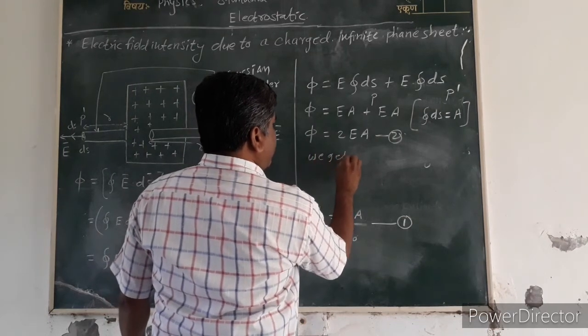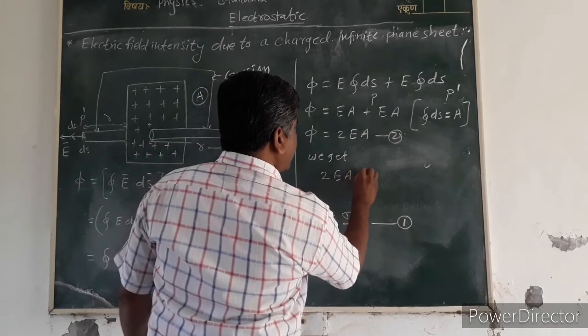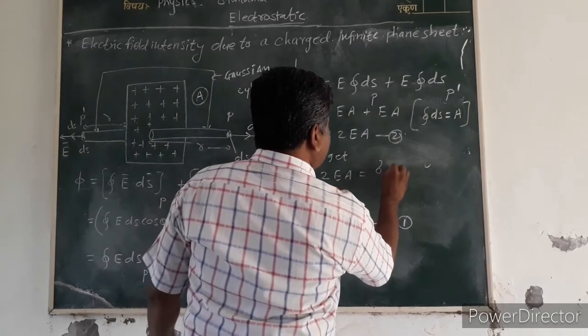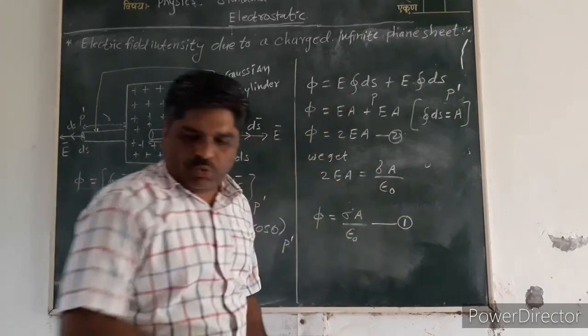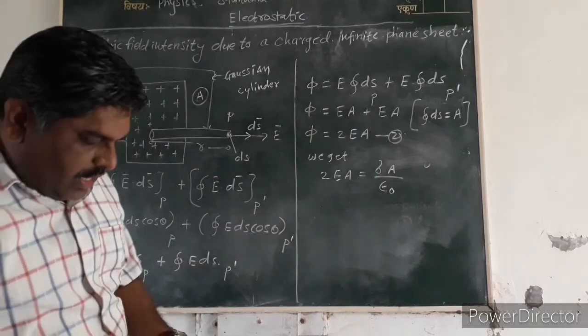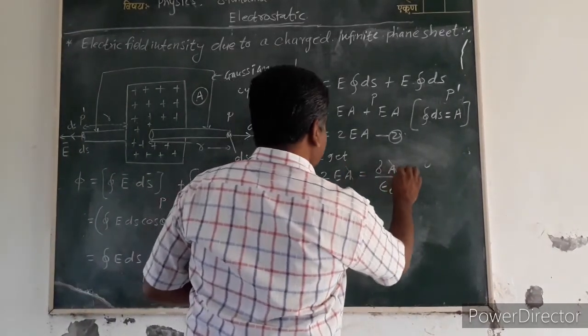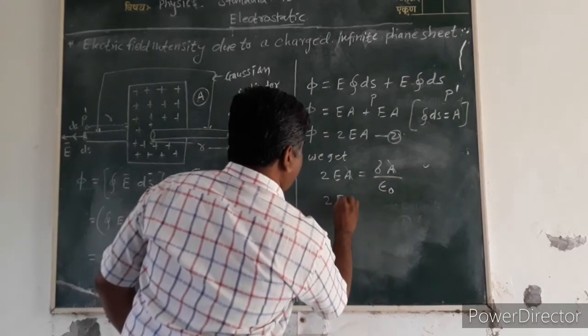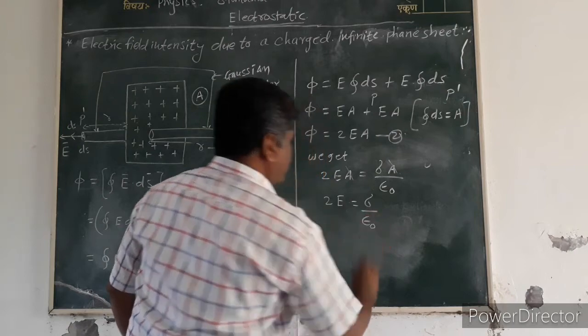We get 2EA is equal to sigma A divided by epsilon 0. Area cancel. 2E is equal to sigma upon epsilon 0.